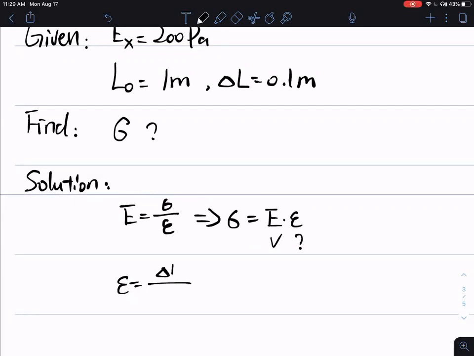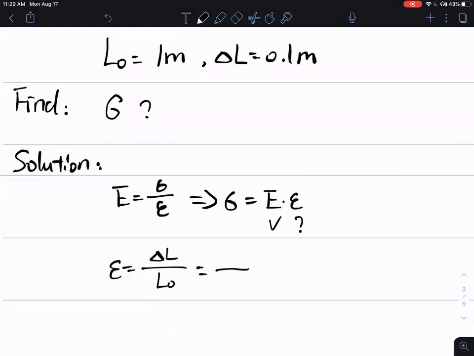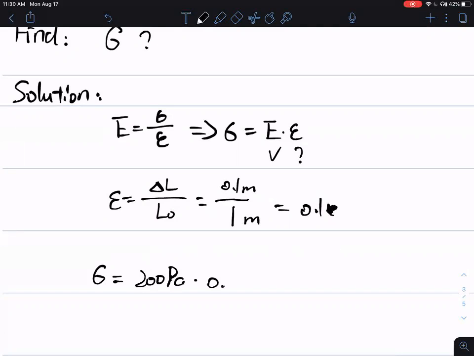Strain equals delta L divided by the original length. We know both delta L and original length: delta L is 0.1 meter, and the original length is 1 meter. So the strain is 0.1. There are no units for strain. Keep that in mind, strain is unitless. Now we can just plug in numbers. Sigma equals 200 Pascal times 0.1, which will give us 20 Pascal.